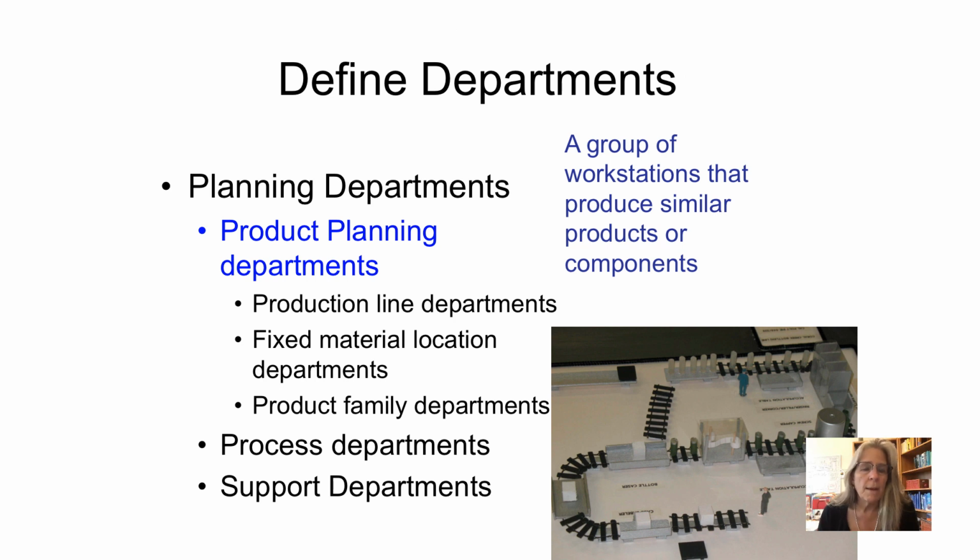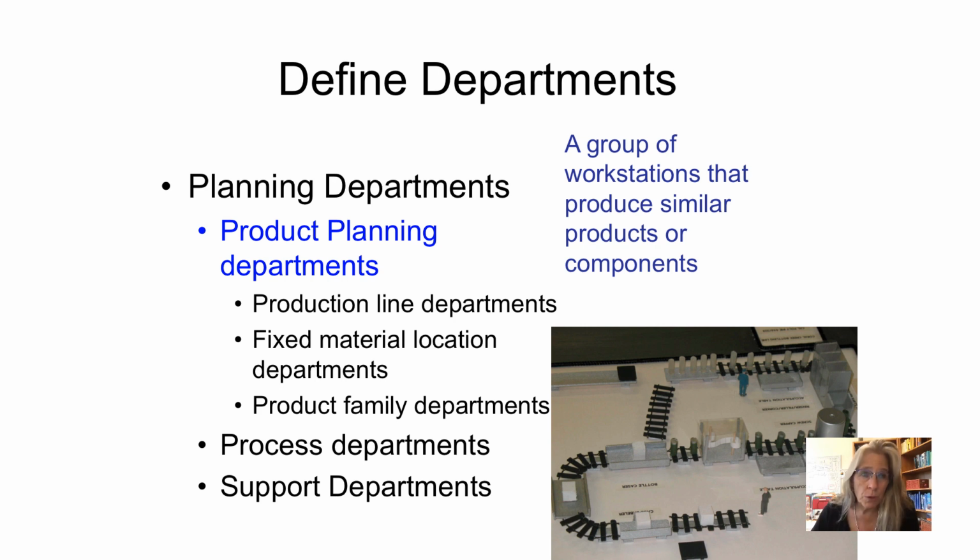If we're looking at product planning departments, this is a group of workstations that work on similar products or components. A very common one would be an assembly line, which is what this is a picture of. An assembly line is working on one product and doing many tasks associated with completing that particular product.